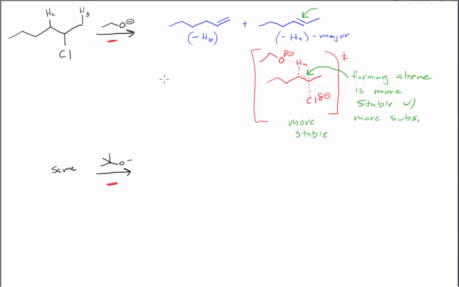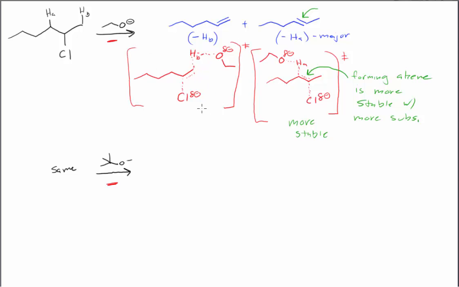Let me draw the transition state for loss of HB. I'm going to put that over here. And again, I need dashed lines for every bond that's being broken and being formed. Delta minus on the oxygen from the base, delta minus on the leaving group that's leaving, and then I put brackets around this and the double dagger.